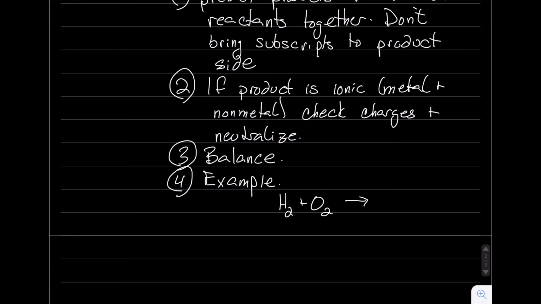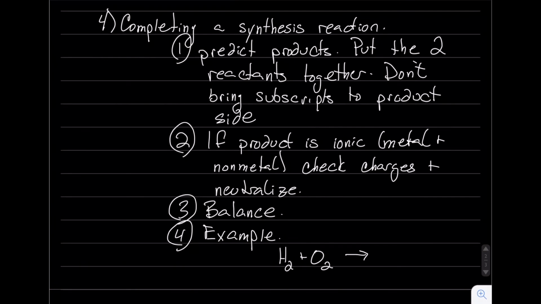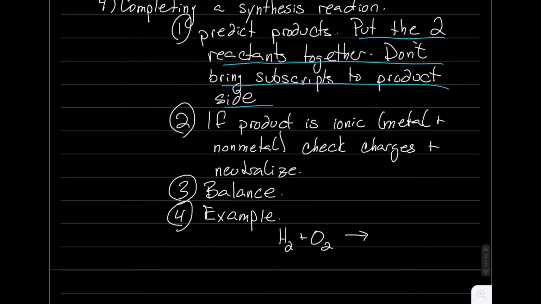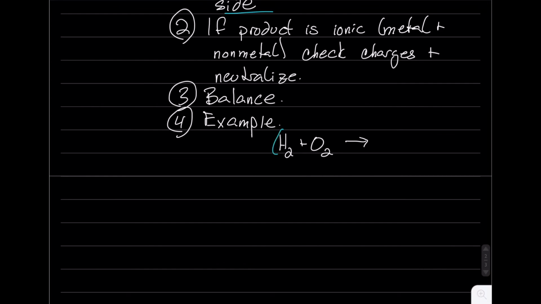So remember, in a synthesis reaction, let's scroll up for a minute, what we do is we put the two reactants together. Don't bring subscripts to the product side. So what we're going to bring over is the H and the O, and we're going to squish them together into one thing. So HO. And you will note I did not bring the subscripts with me.